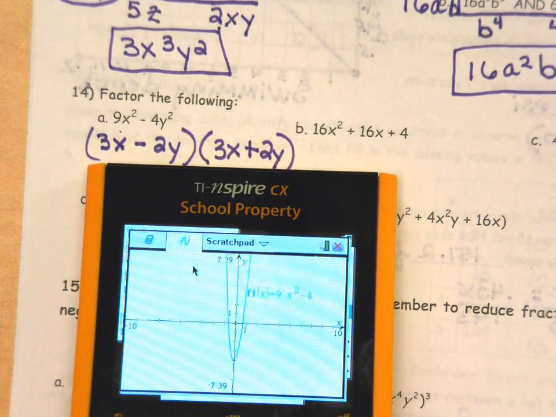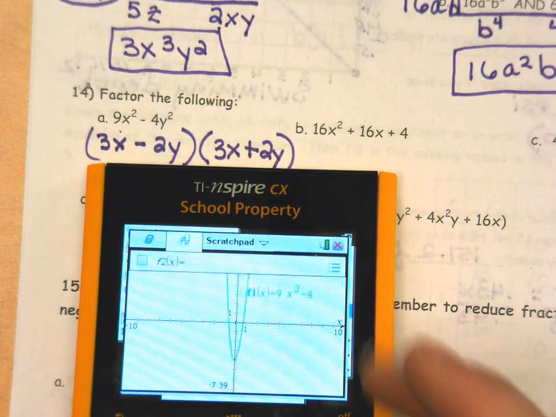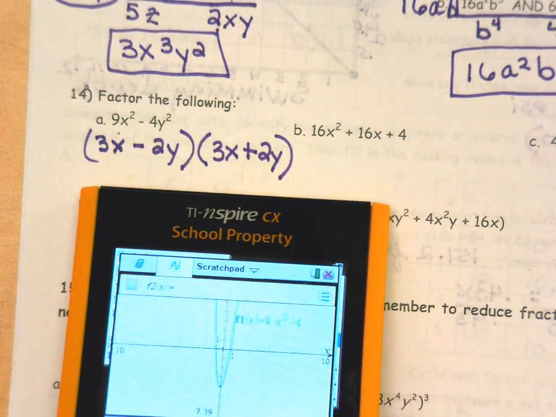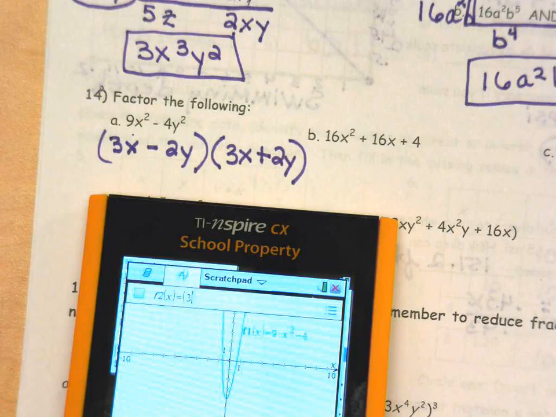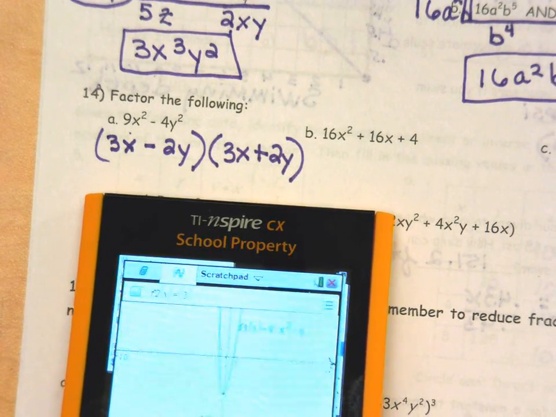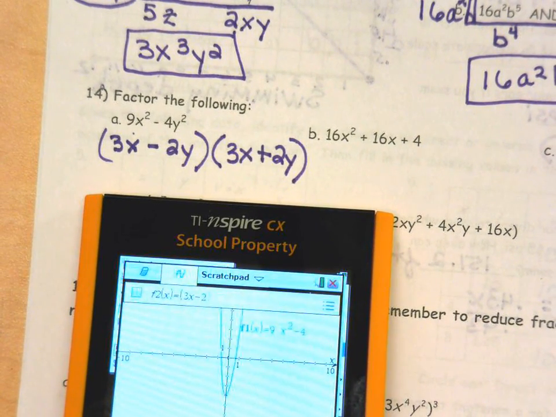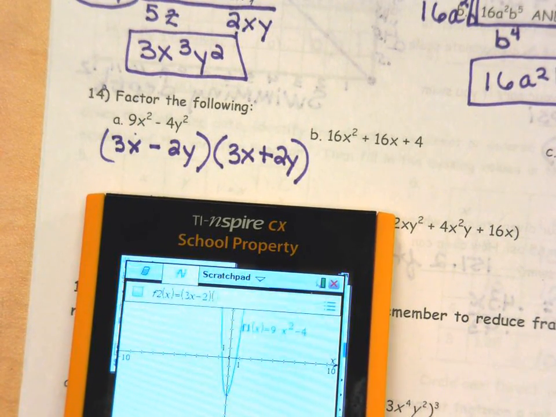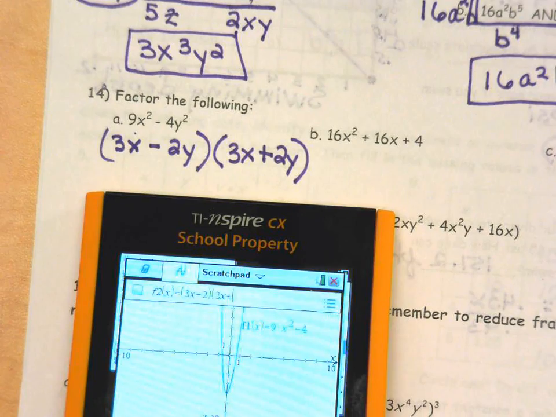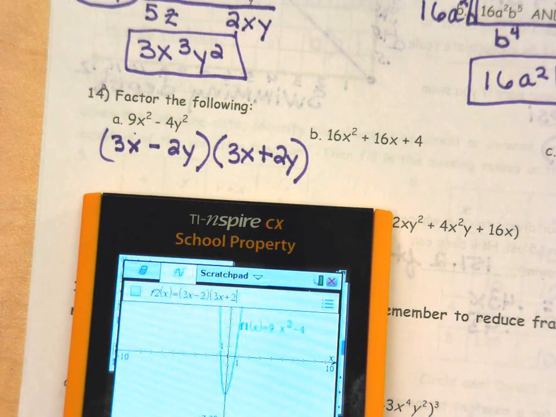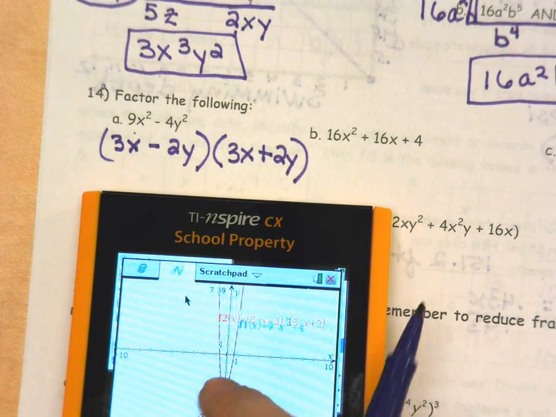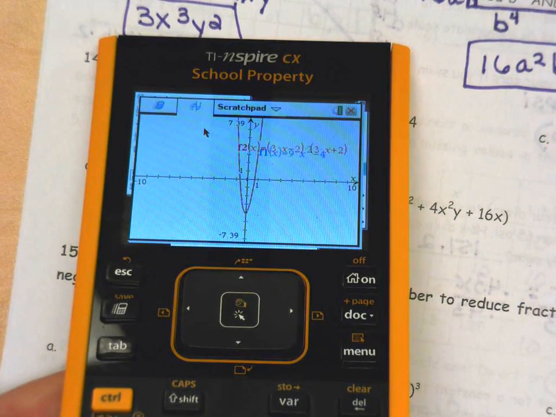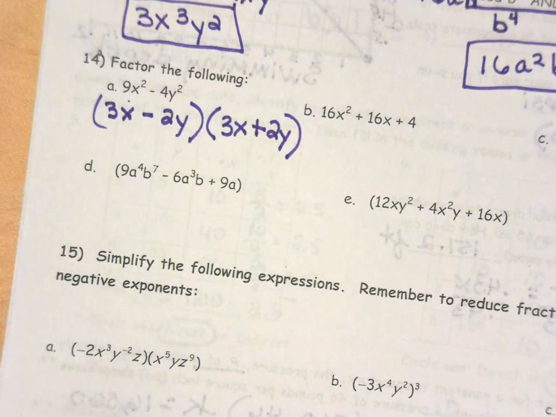And I'll press enter. And then I'm going to go tab to put the second equation, which is parentheses 3x minus 2 end parentheses, and then parentheses 3x plus 2, and then press enter, and you're going to see it's the same exact line on the graph.